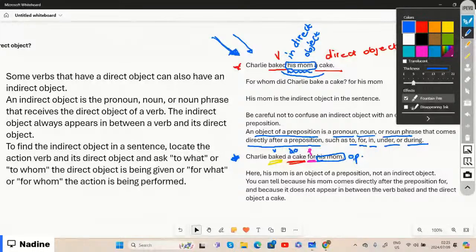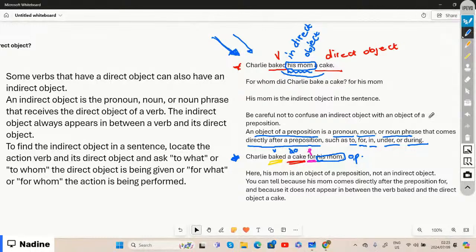So we need to be careful not to confuse an indirect object with an object of preposition. Because the object of preposition is a pronoun, a noun, or a noun phrase that comes directly after a preposition, such as after to, or for, or in, under, or during.